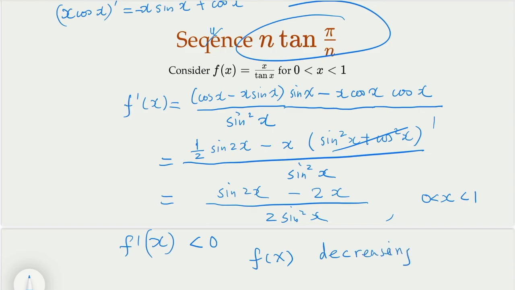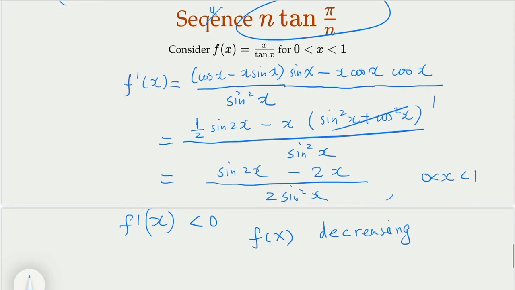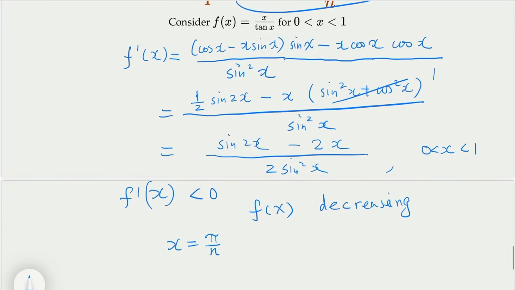But if we choose x equals pi over n, then as n goes bigger, x is smaller, so f of x is bigger.